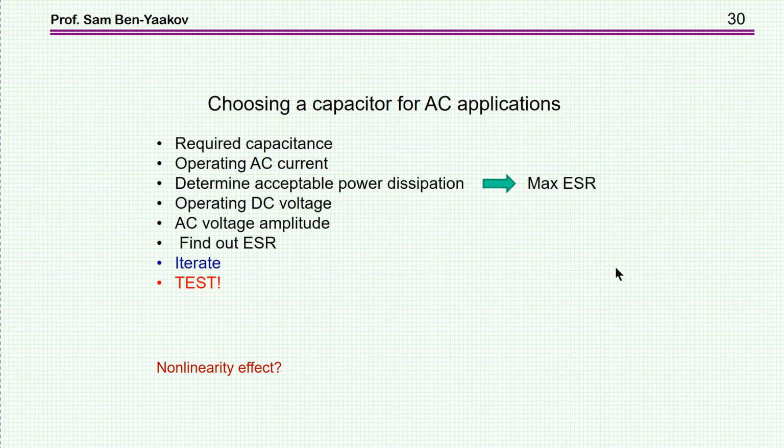So what can we learn from all of this? It turns out that choosing a capacitor for AC application is not an easy task. It's very complex and really complicated.